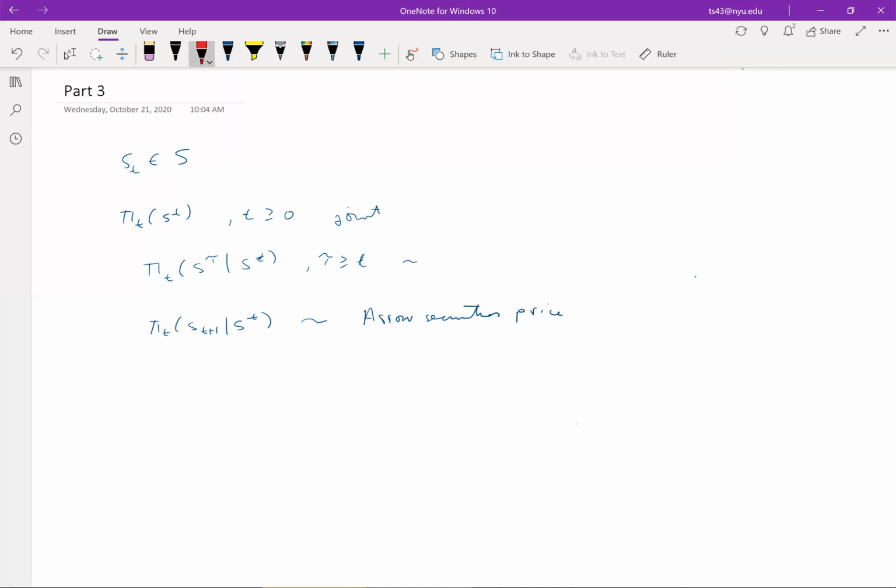And the annoying thing was there's so many histories, and our arrow security prices were indexed by these histories at each t.